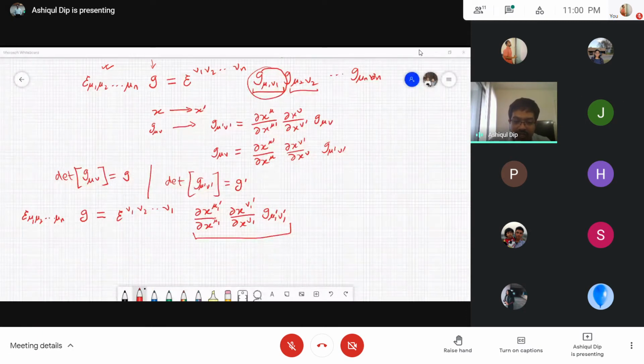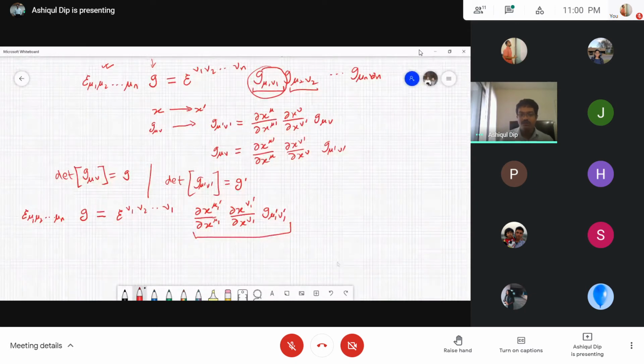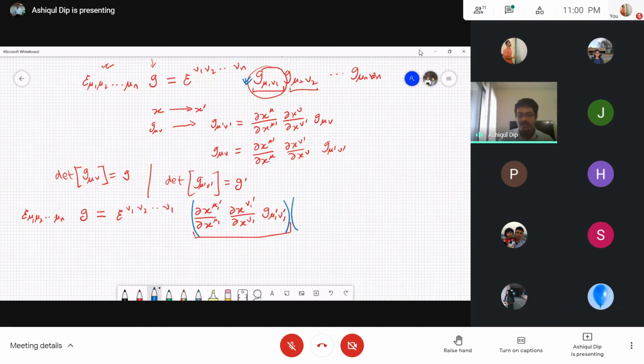I have just written one term, and I have to write many more. Instead of writing just this one term, I have rewritten this part, so now I have to rewrite the second one as well. What should it be? Delta x mu2 prime by delta x mu2, delta x nu2 prime by delta x nu2 times G mu2 prime nu2 prime, right?